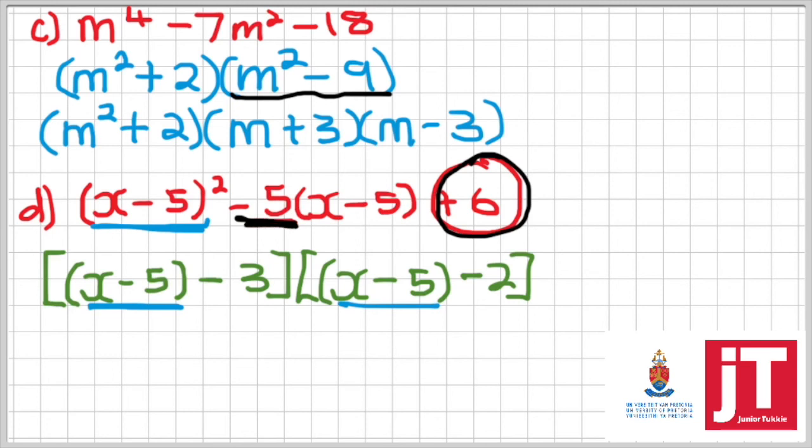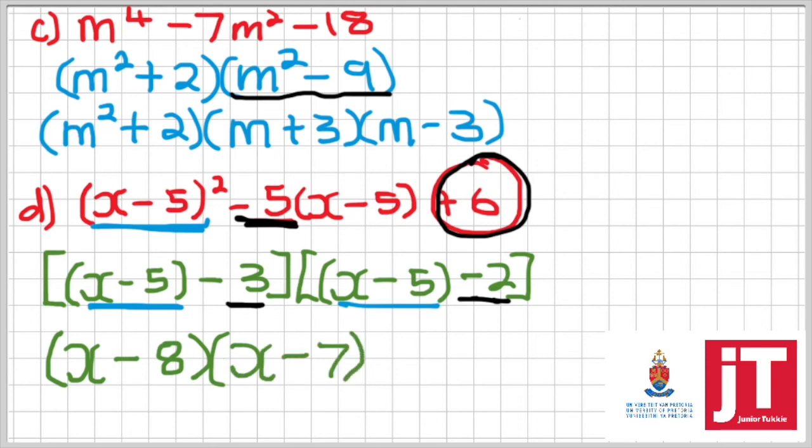The two factors would be minus 3 and minus 2. If you add minus 3 to minus 2, you get minus 5. If you multiply minus 3 times minus 2, it gives you a positive 6. Thereafter, we just simplify by removing the square brackets. We're going to get x minus 8 and x minus 7 in the second bracket.